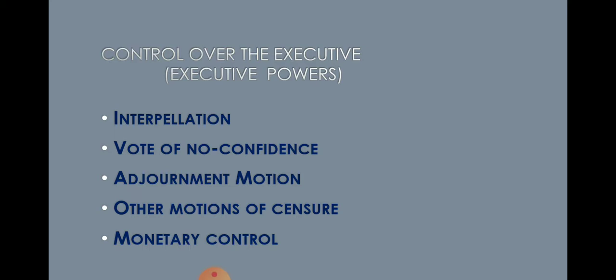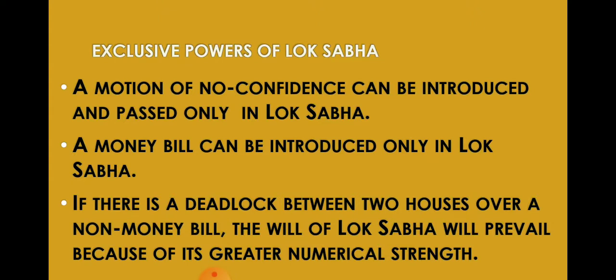Then the next topic is the exclusive powers of Lok Sabha. We studied that there are 2 houses in the Indian Parliament, Lok Sabha and Rajya Sabha. In many procedures and matters, both these houses enjoy equal powers.